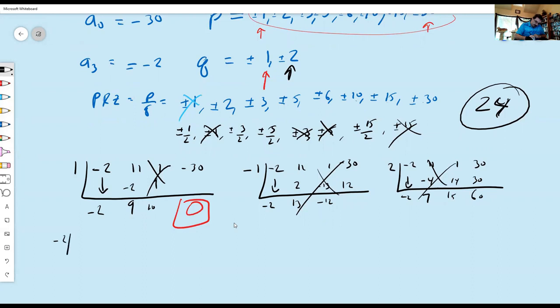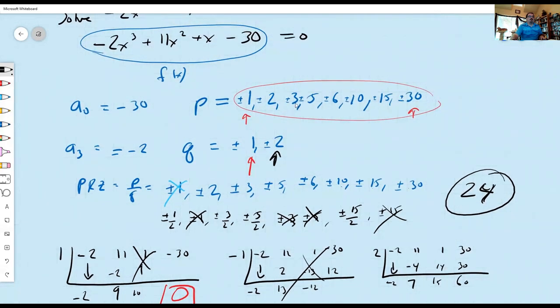So minus 2. Oh. Hold on, let's go back and look at this. I made a mistake. The polynomial is minus 2x cubed plus 11x squared plus x minus 30.